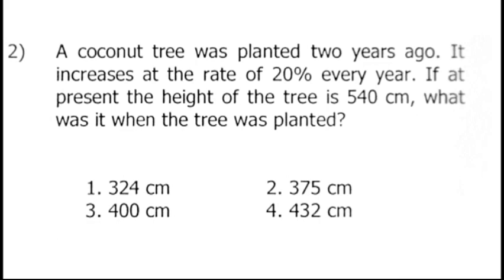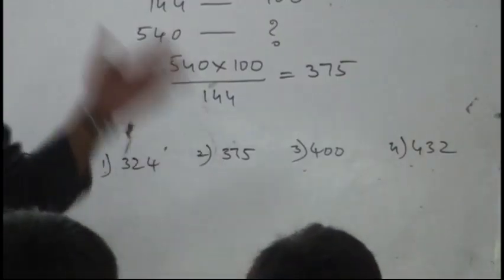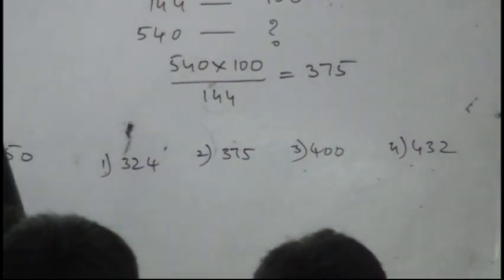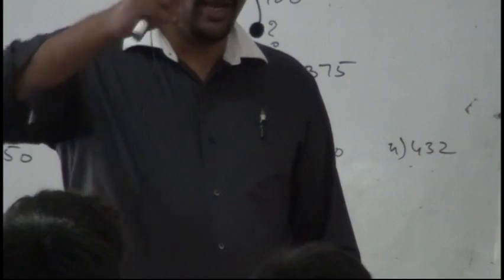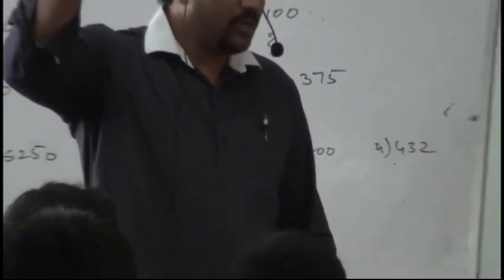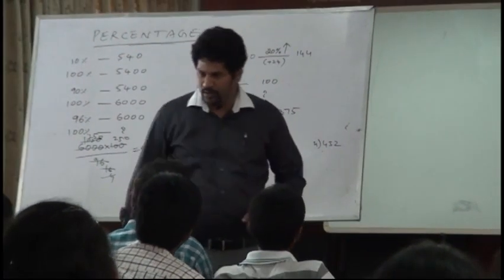The question is asking us to calculate the height of the coconut tree 2 years ago. So one of these options is the height of the coconut tree 2 years ago. Increase it 2 times by 20%, you should get 540. Am I right? If you increase that particular answer by 20% 2 times, we should exactly reach 540.